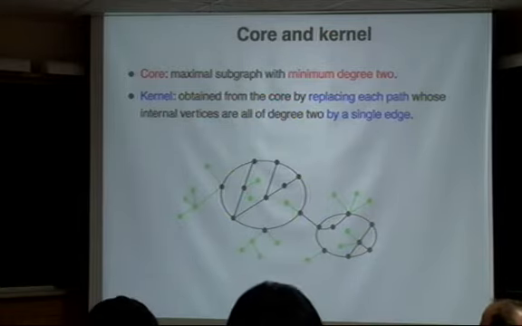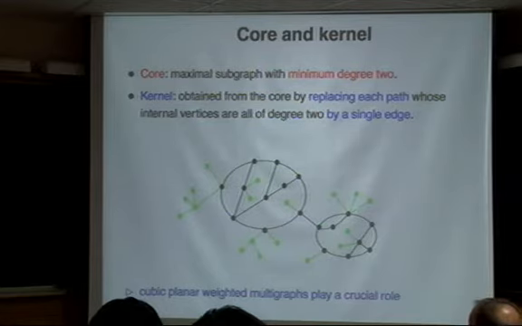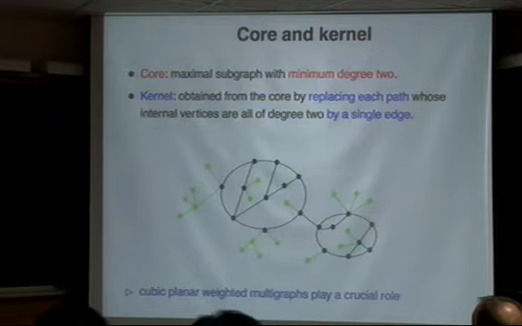And doing this, Tomasz Łuczak and I observed that cubic planar weighted multigraphs play a crucial role as the kernel. Why it should be multi, I explained already. By definition of a kernel, it should be multiple. But why should it be weighted?